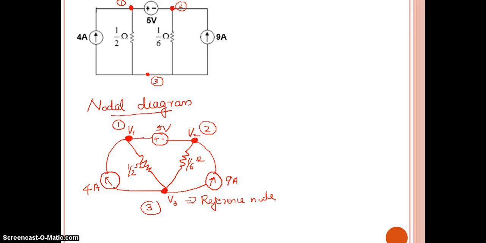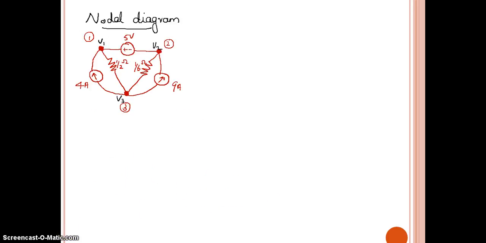These are the 3 voltages, and V1 and V2 are the voltages at the 2 non-reference nodes. That's what we need to find here. V1 is unknown to us, V2 is unknown to us, and V3 is the reference node, equal to 0. We are already considering that as 0 potential.